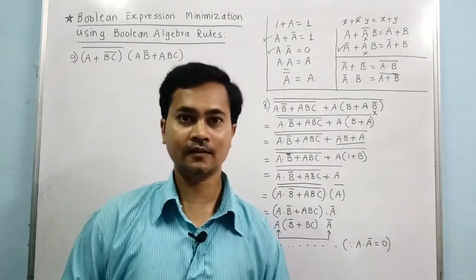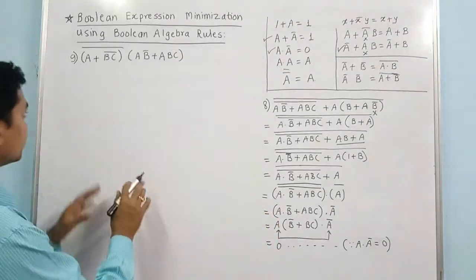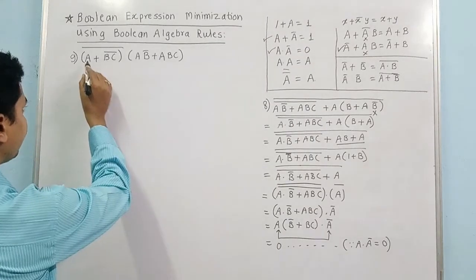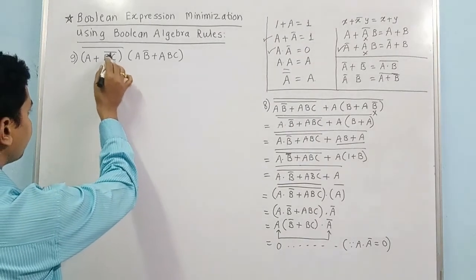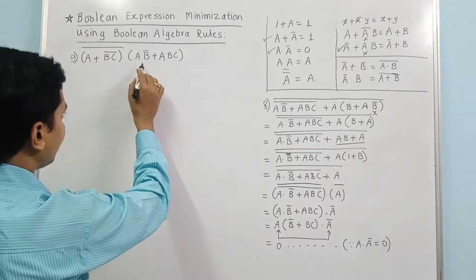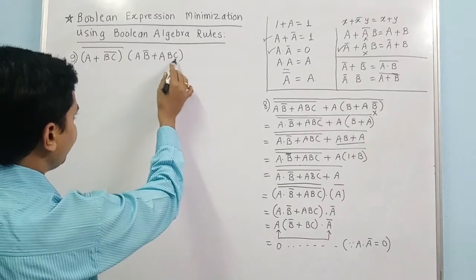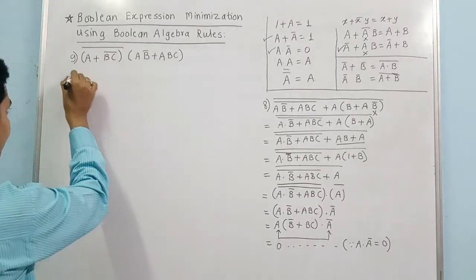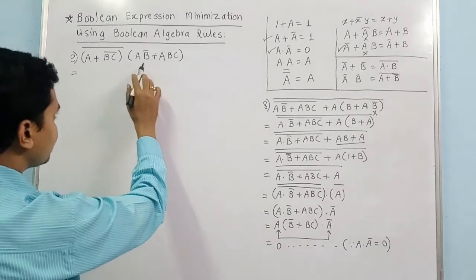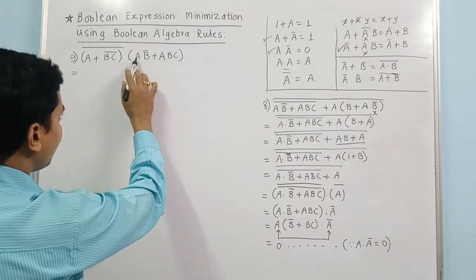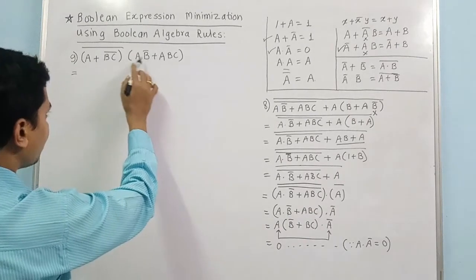Okay, now let us see the last example. So the expression given is bracket a plus bc bar bracket bar into another bracket a b bar plus abc bracket complete. So here what we will do, first we will take a as common from the second bracket.